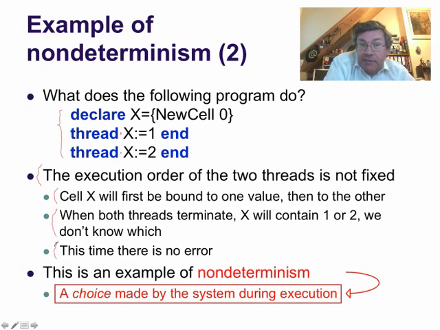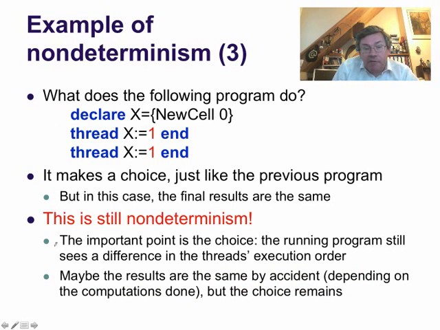This is again an example of non-determinism, a choice made by the system during execution, and in this example program, we can see the effect of the choice. It's not always possible to see the effect of the choice. So here's a small variation with a cell. Both of them are doing an assignment to 1.